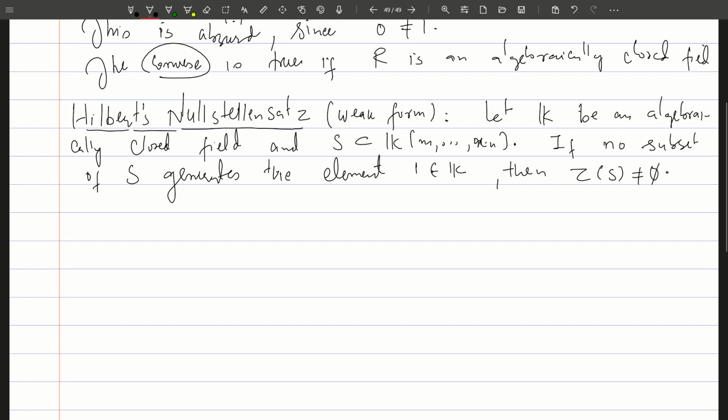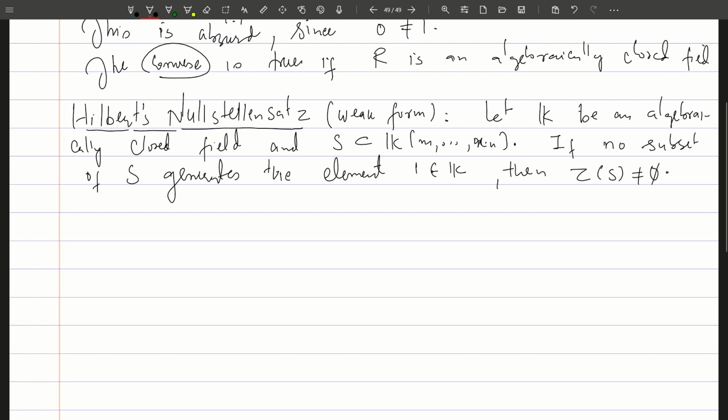This theorem guarantees us that if we are working over algebraically closed fields, then we can do geometry.